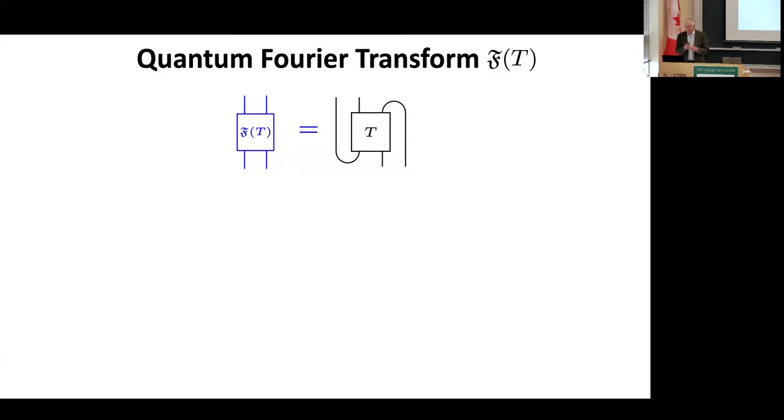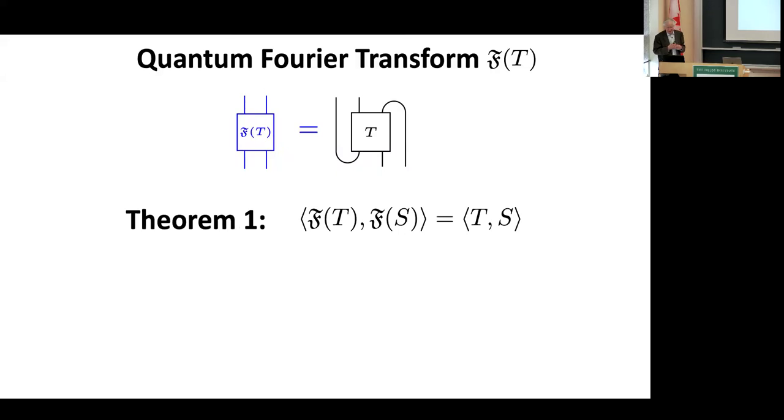So for 2 inputs and 2 outputs, the Fourier transform of T is the picture on the right where the upper right input is converted to an output and the lower left output to an input. So it still is a transformation from 2 points to 2 points, and it's actually inner product preserving. It's a unitary with respect to the inner product.